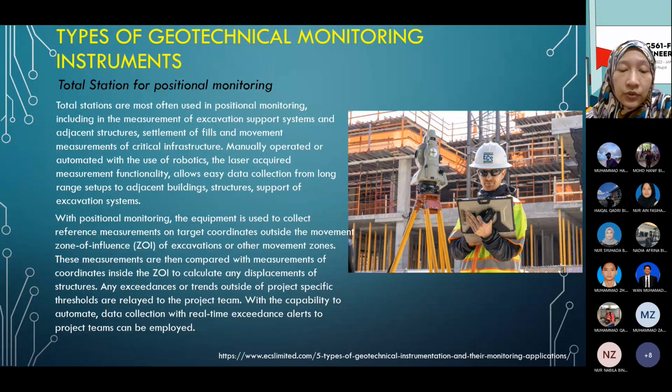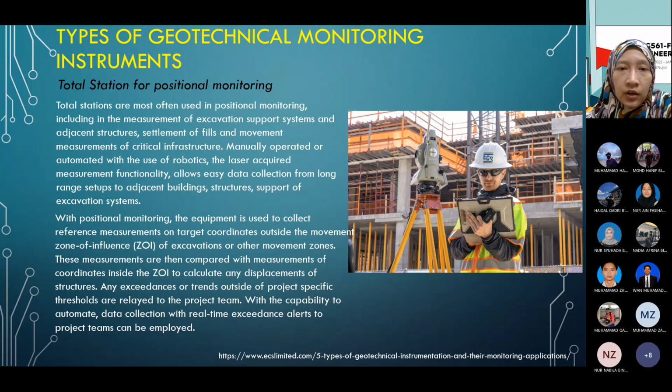I mean that if you have a rainy season, or at that particular time we got rain or some sort of slope failure, then during that time also you can see the soil displacement or soil movement, how much the soil has moved from one point to another, and it is very safe in terms of time allocation compared to having manual data. Similarly to the total station for positional monitoring.